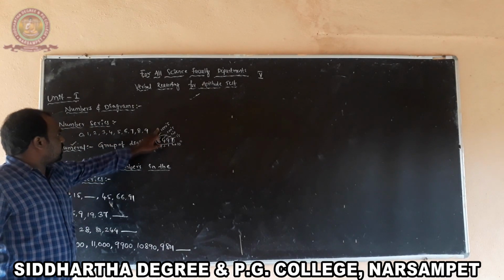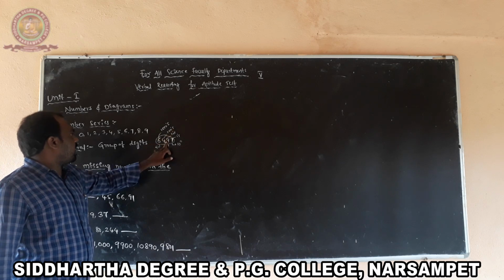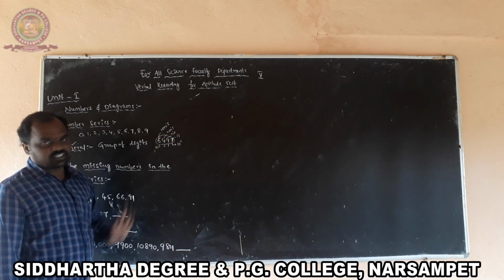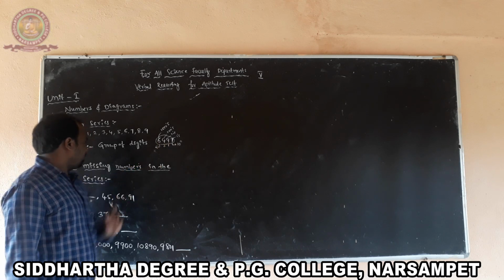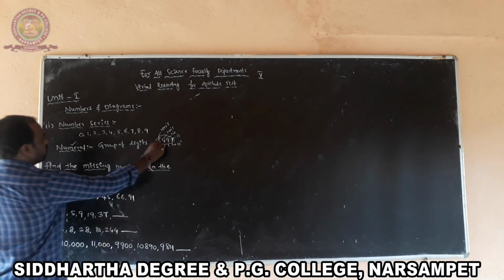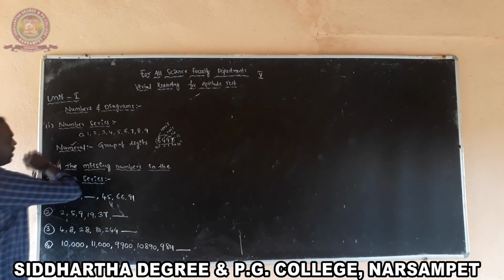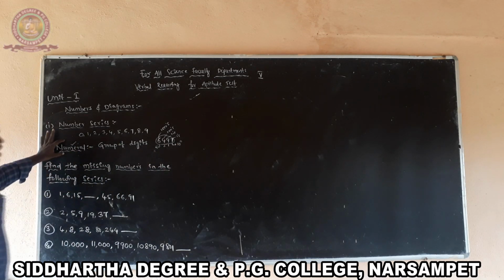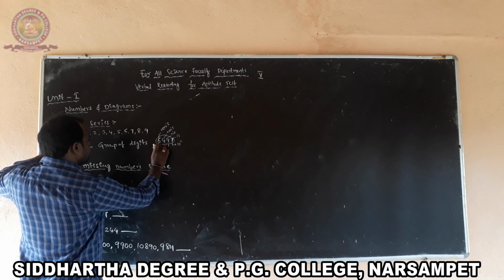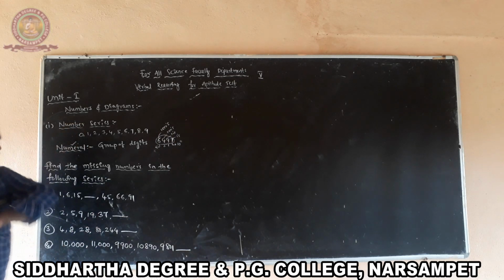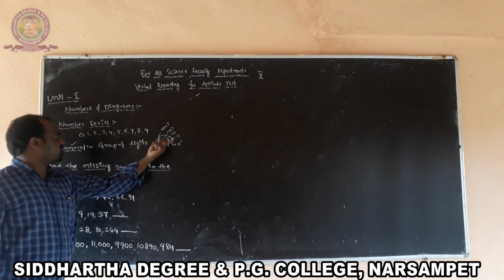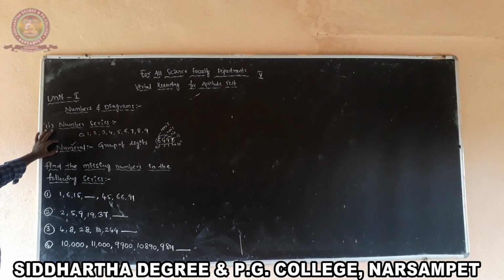So 6 thousand 4 hundred, 9 tens and 7 ones. So the total value is 6497. Right? This 6497 is called a numeral. In this numeral, 6 is a digit, 4 is a digit, 9 is a digit and 7 is also a digit. The total group of these digits is called a numeral.